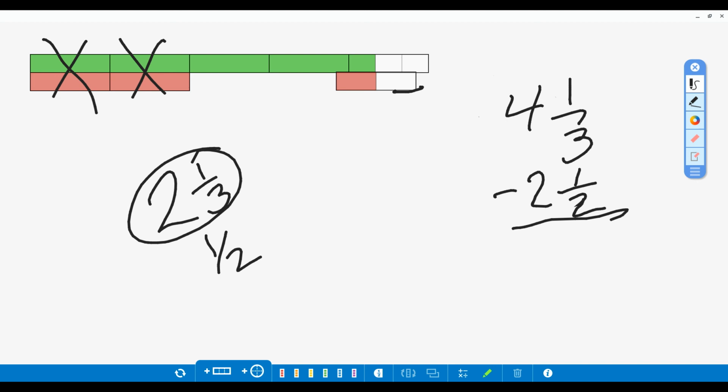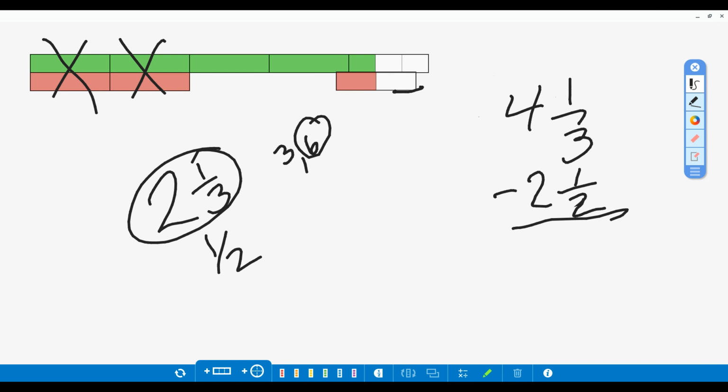So I need to think about the multiples of 3 and then multiples of 2. Well, the multiples of 3, I know I have 3, 6, and 6 is also a multiple of 2. So I'm just going to stop there.